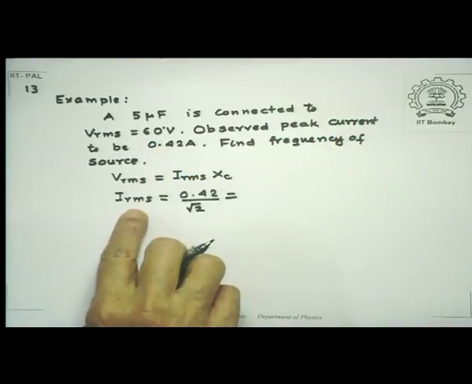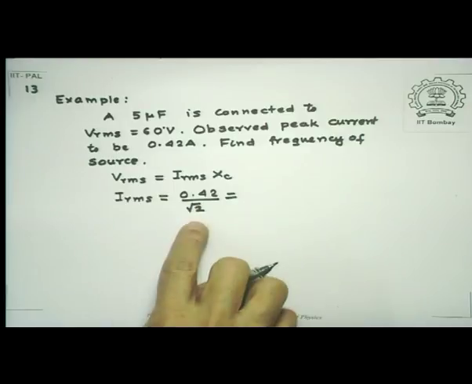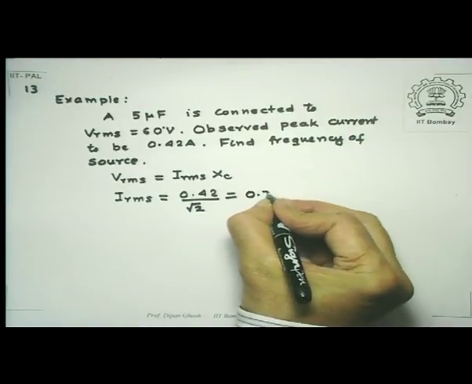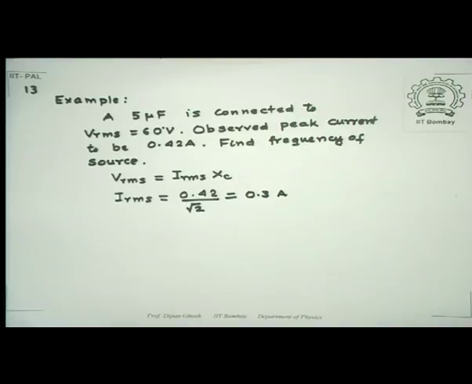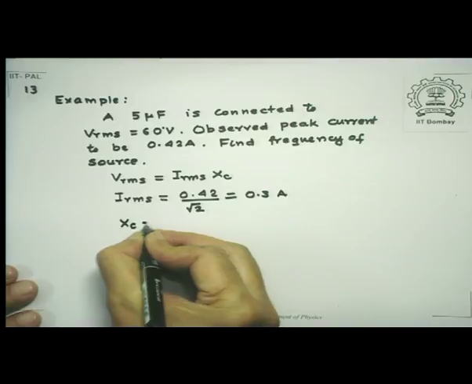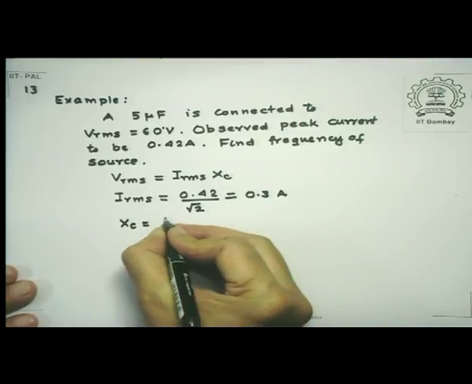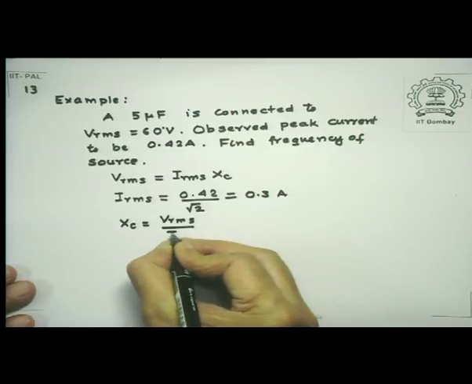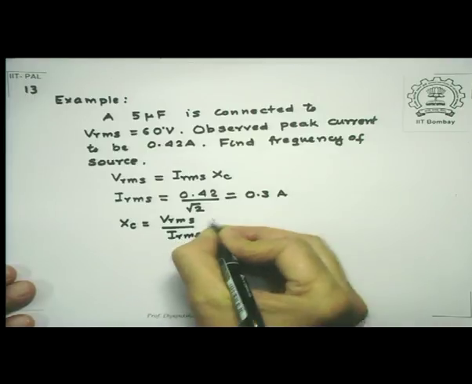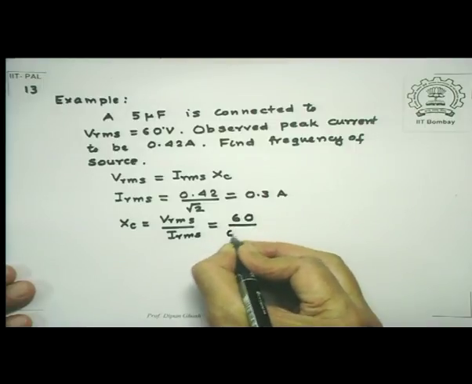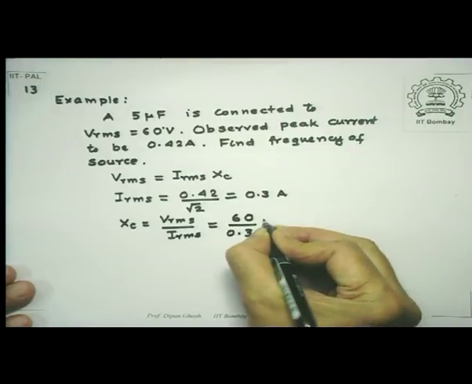So the RMS value is obtained by dividing it by square root of 2, and that is approximately 0.3 amperes. And my XC then is Vrms by Irms, that's 60 divided by 0.3, which is 200 ohms.